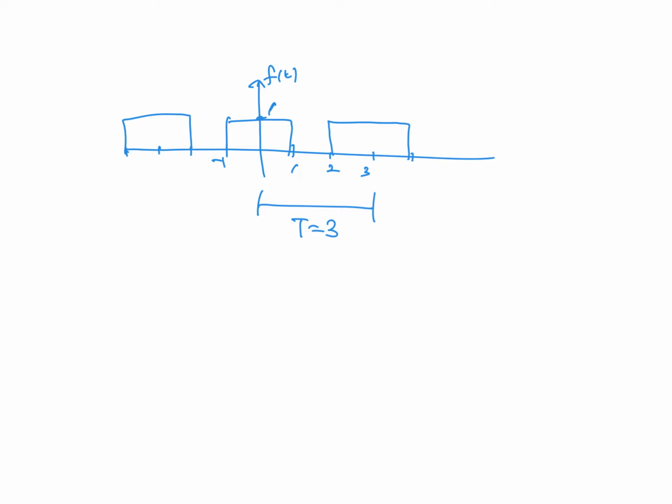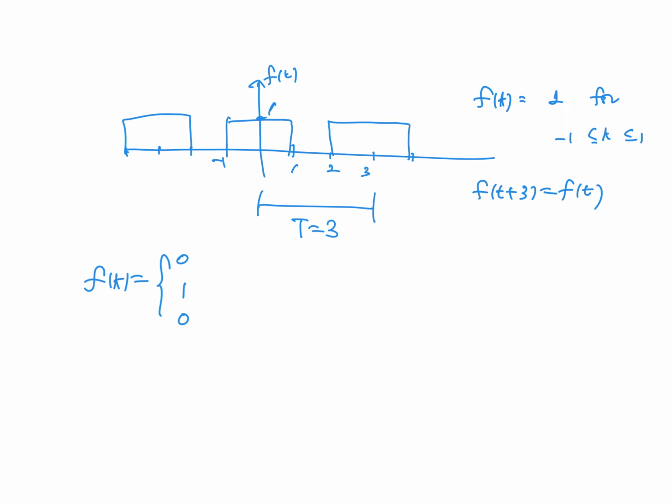So let's try to find the Fourier series. So f(t) is 0, 1, 0. t is from minus 2 to minus 1, minus 1 to 1, 1 to 2.